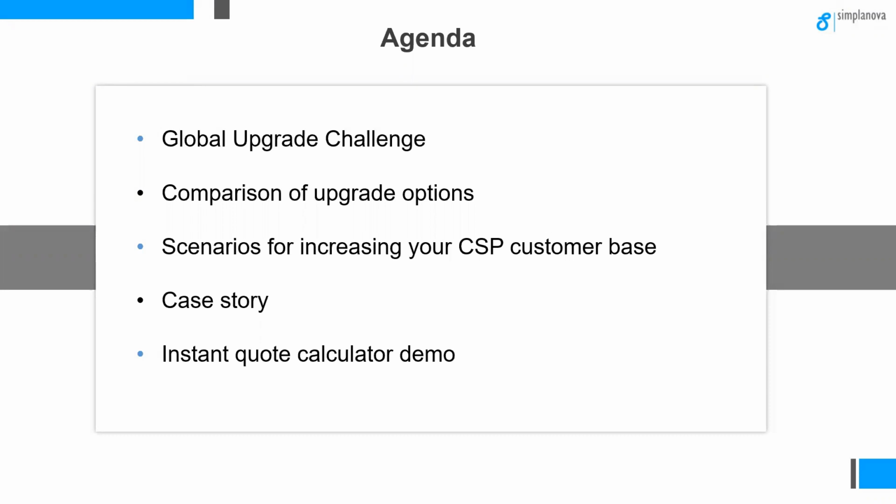I'll share some case stories from our existing clients, and of course, at the end of the session, we'll have a quick demo during which I'll introduce you to a calculator that later on you could use for your own projects for the end users.